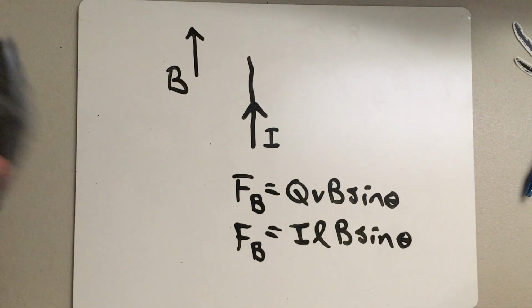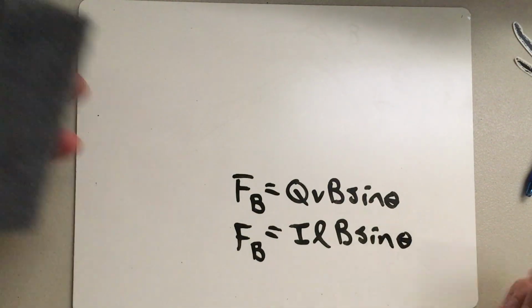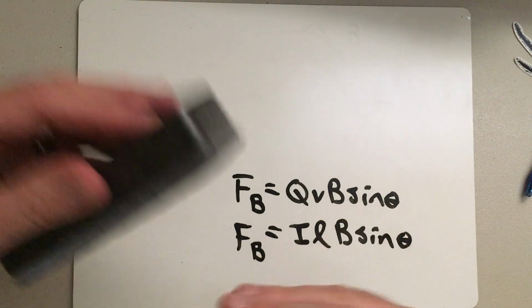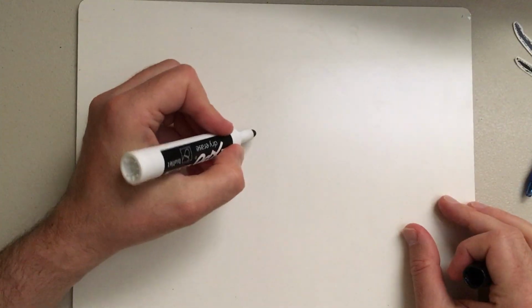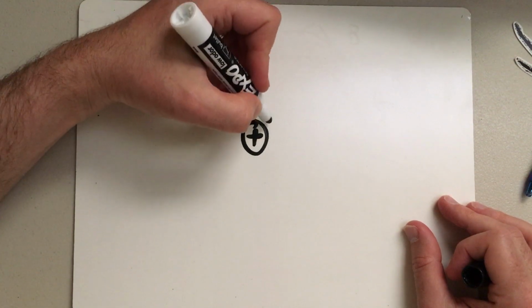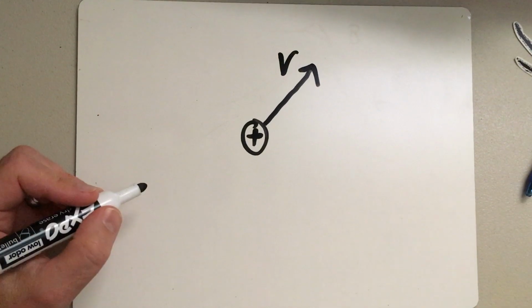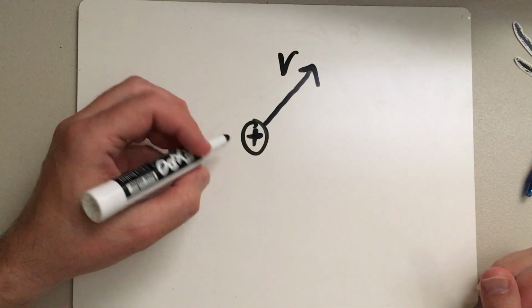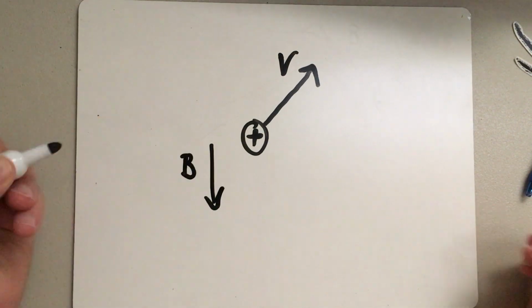I want to do one more example, because you need to see some examples, and I can't do every single possibility. I want to do one more just to help you understand how the right-hand rule works. We'll do a positive charge, and this time the velocity is that way, and I'm going to say the magnetic field is down.